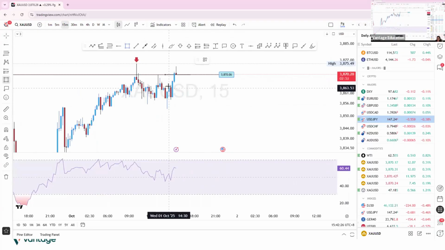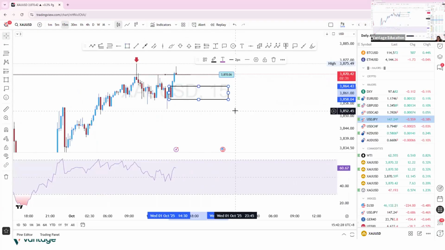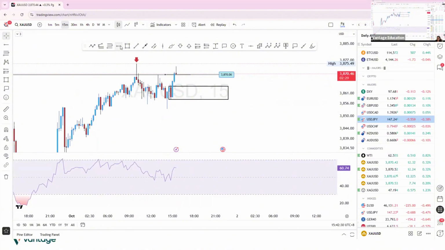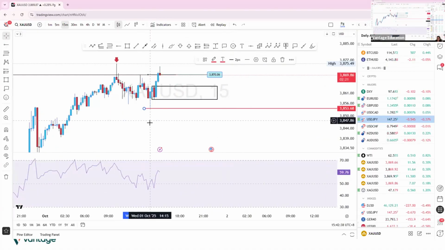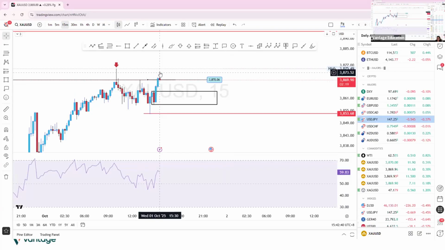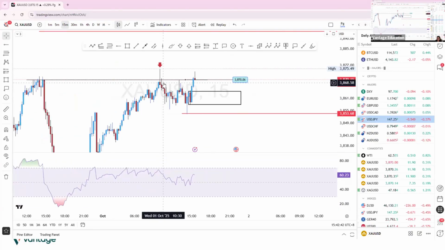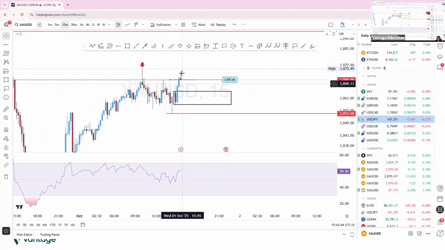I saw there is the OB here. I'm gonna put my stop loss at this level, meaning my stop loss is gonna be at 38.53.